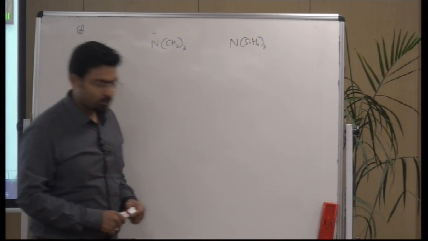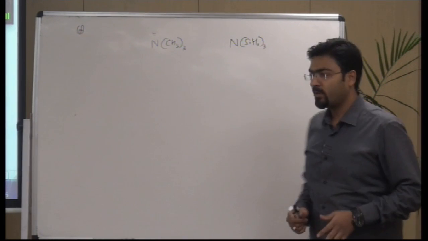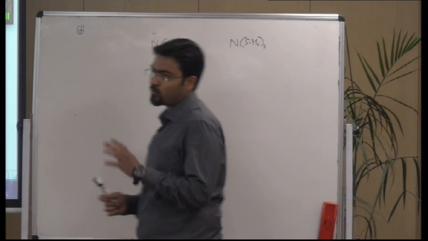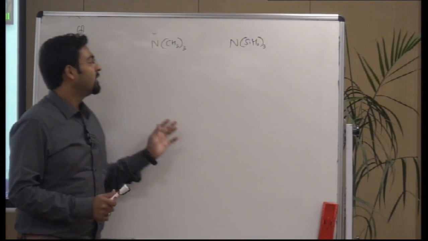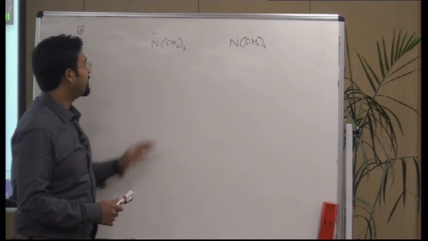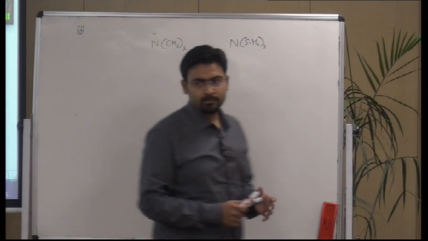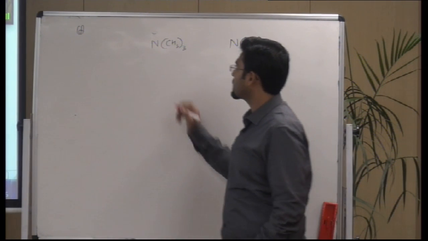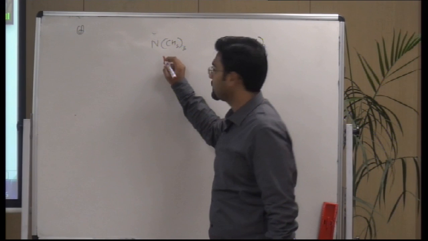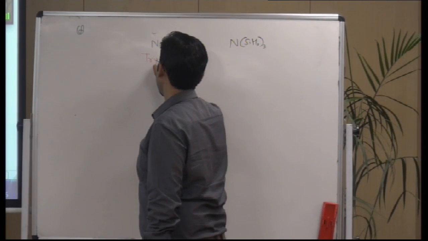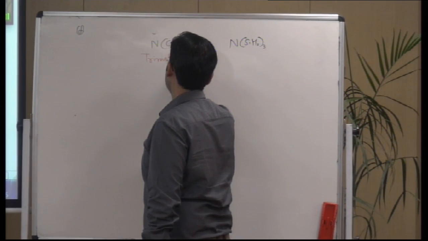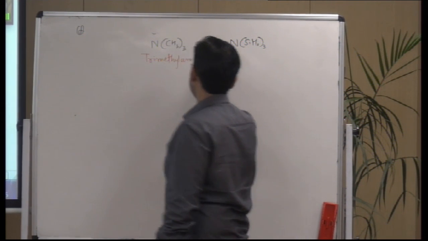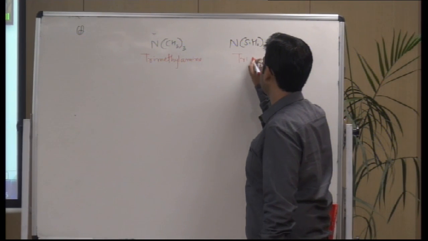Hi. So we were studying p block elements, and we were discussing group 15 and group 16. I have a question for you from group 15. We have two compounds of nitrogen. One is called trimethylamine, and there is another compound which is called trisilylamine.